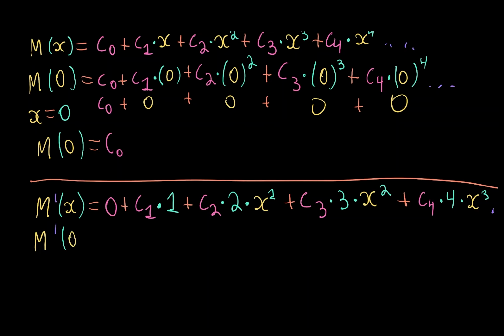So this is just equal to C1. Everything else just collapses to 0. C2 times 2 times 0, 0. C3 times 3 times 0 squared, 0. And it collapses all the way.